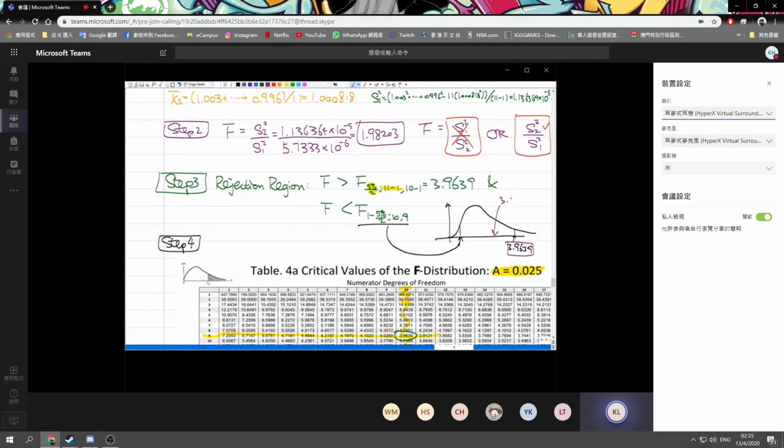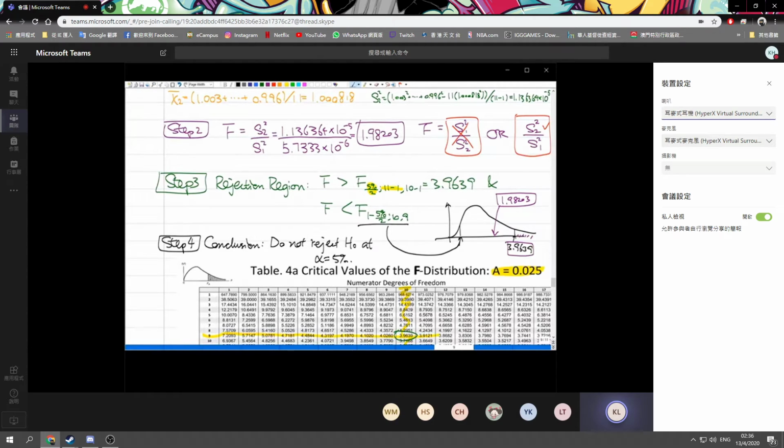Our test statistic is 1.98203, and it is not in the region, so we do not reject our null hypothesis at alpha equal to 5%.